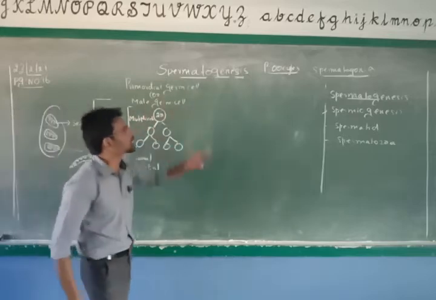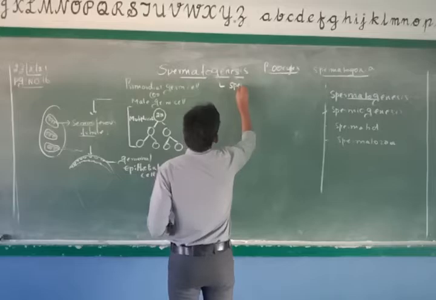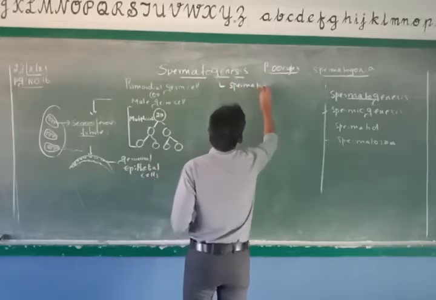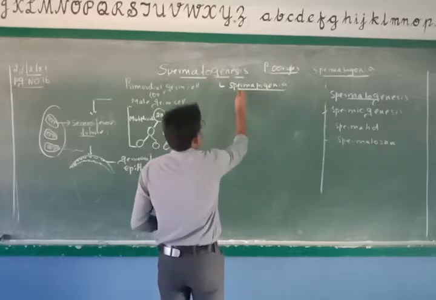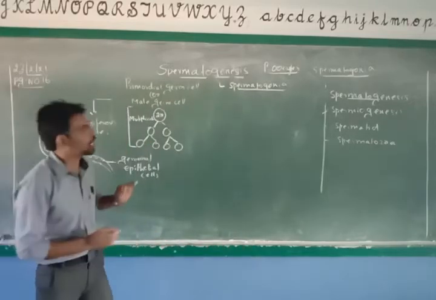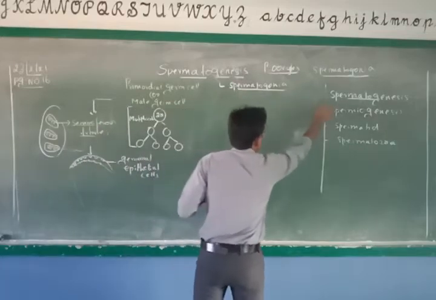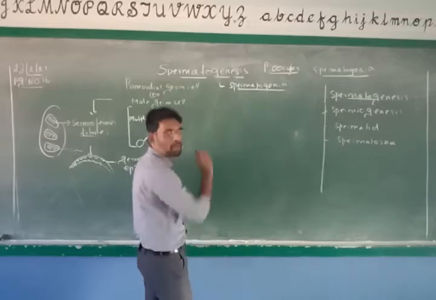Still now we have not studied, in spermatogenesis, a cell called spermatogonia. What is spermatogonia? It is sperm producing cells, immature sperm cells. So here I will just put, the process is called genesis. The cell which is involved in that process is called spermatogonia.